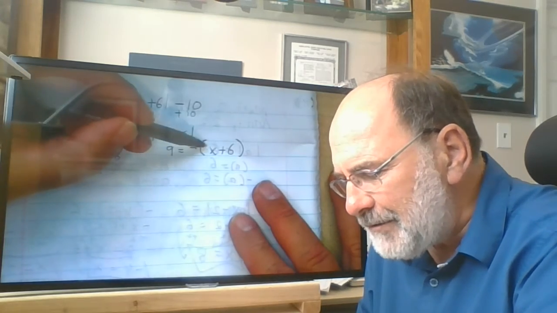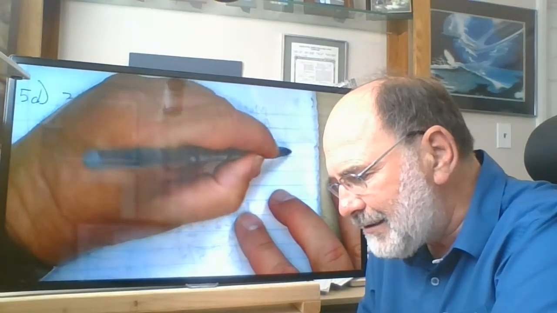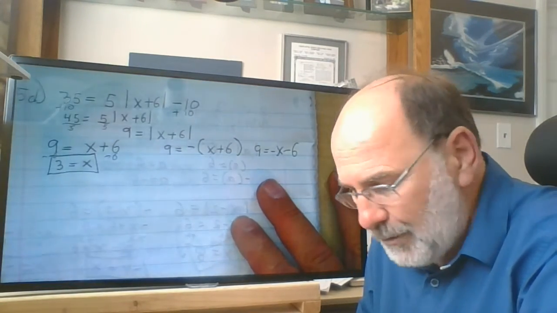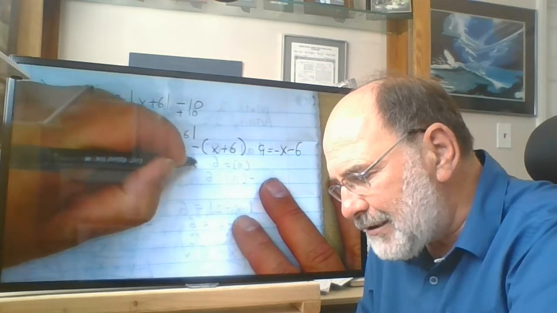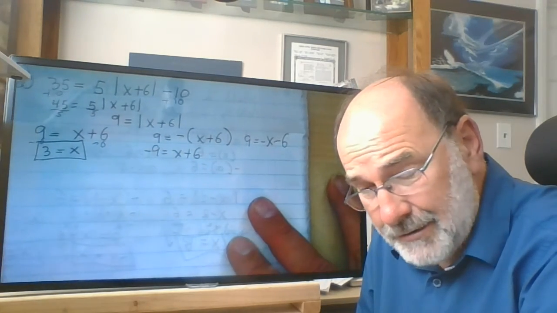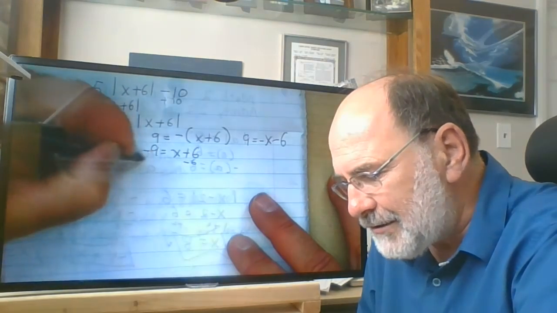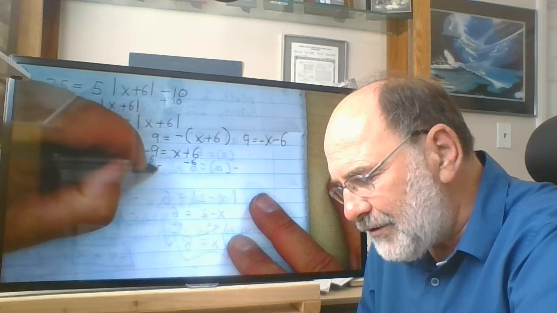You can use the distributive property and write this as 9 is equal to negative x minus 6. Or you could divide both sides by negative 1 and say negative 9 is equal to x plus 6. Either way, mathematically, these go to the same result. In this case, I would subtract 6 from both sides. Negative 9 minus 6 is negative 15.